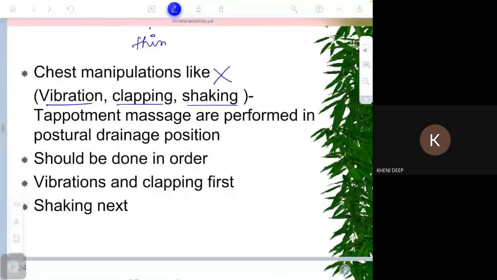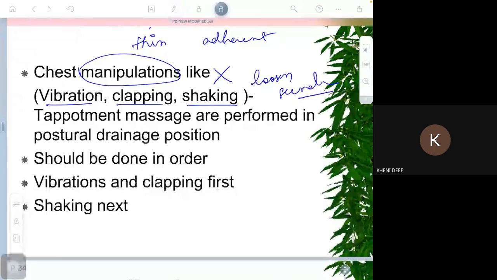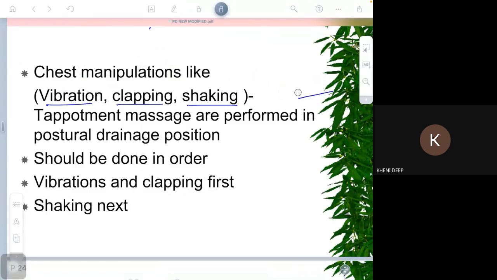If the secretions are adherent, then you have to perform the manipulations in order to loosen the secretion. Clear? So what are the manipulations? There are three types of manipulations, that is vibration, clapping, and shaking.